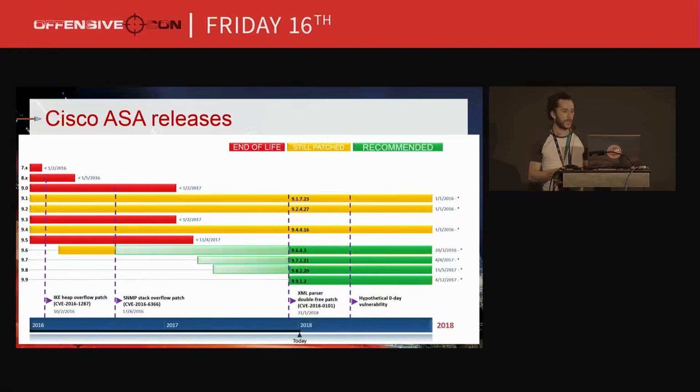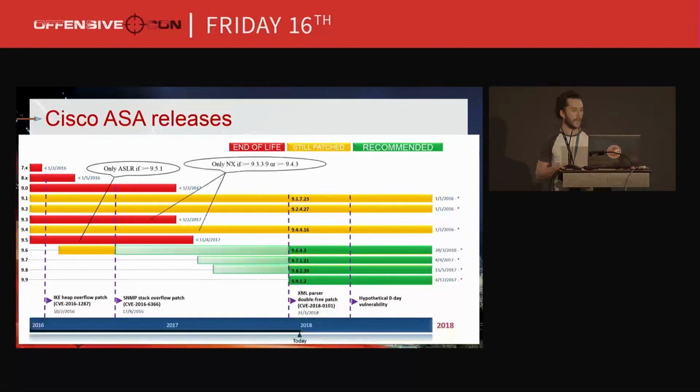And actually, I wouldn't recommend all the ones in yellow. The reason why is because versions above 9.5.1 only have ASLR. So we're able to basically mine all the mitigations by using the ASA firmware tool that we brought. And also some versions below 9.3 or 9.4.3, depending on the branch, don't have NX.